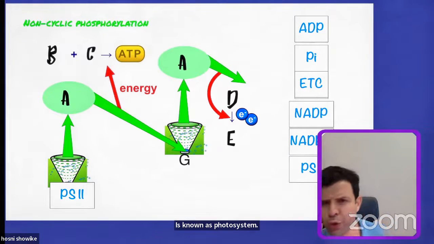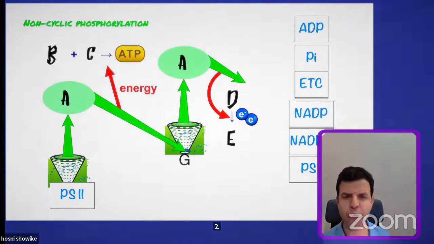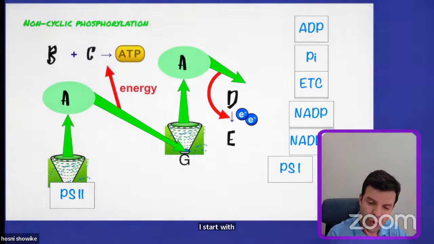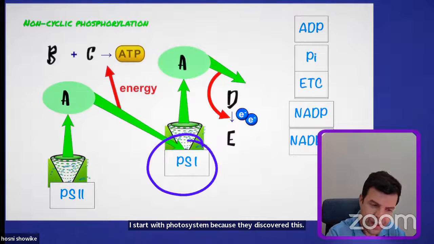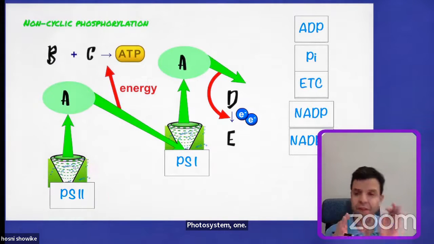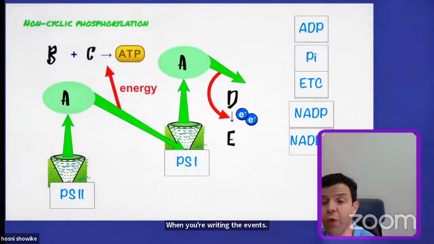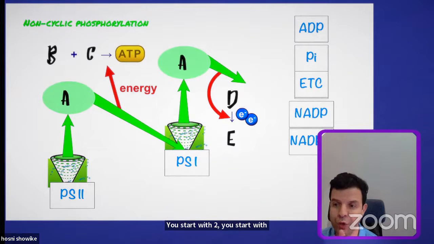Why do I start with 2 and not with 1? I start with photosystem 2 because they discovered photosystem 1 first, and then they discovered this. But when you're writing the events, you start with 2. You start with photosystem 2.